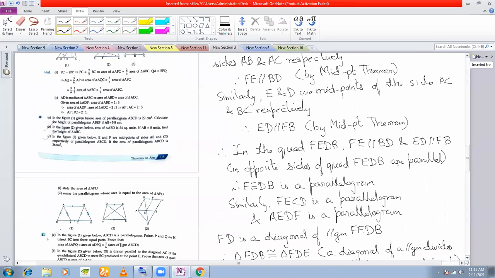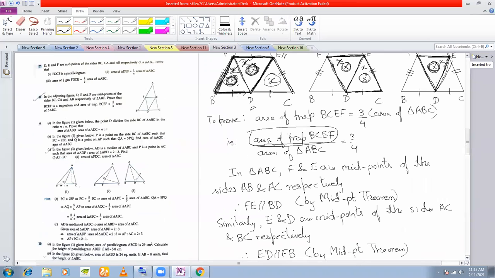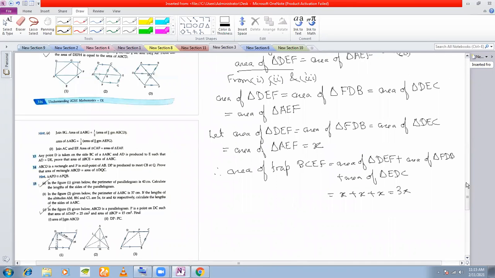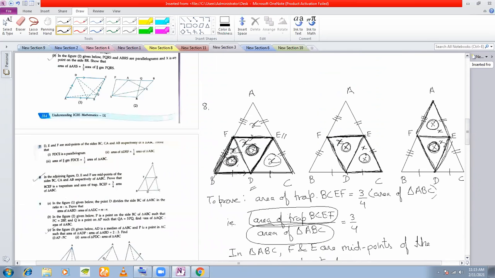And now what is the denominator here? Area of triangle ABC. What is the area of triangle ABC? It is the addition of all the areas of the triangles. If you see, all the triangles here have area X. So what is the area of triangle ABC? It is X plus X plus X plus X, 4x.